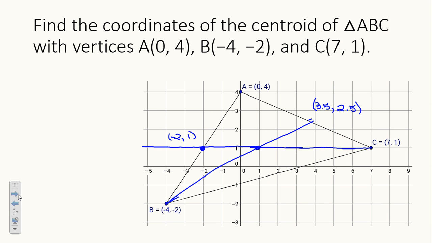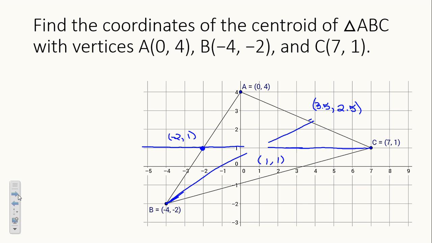The median. Okay. It actually ended up being, okay, here we go. It was supposed to be 1.5, negative 0.5, so that's why I didn't have it quite right.